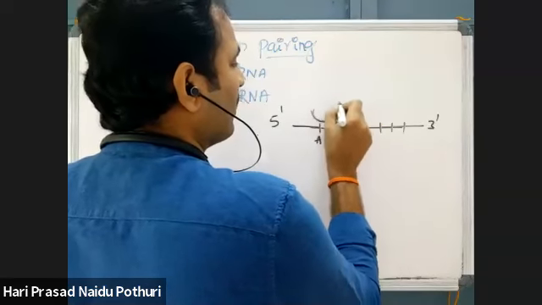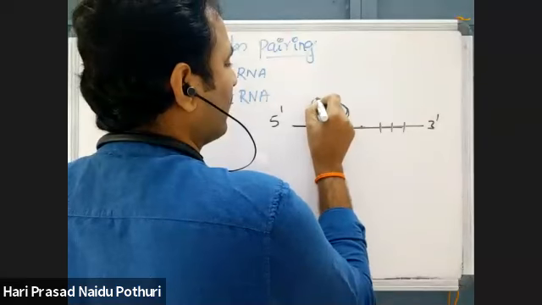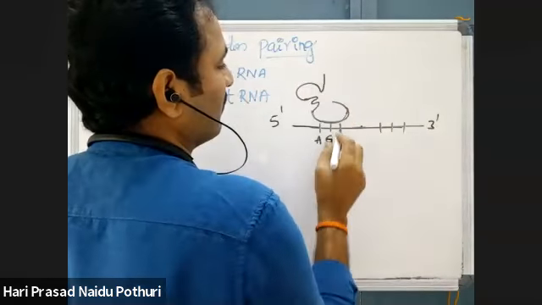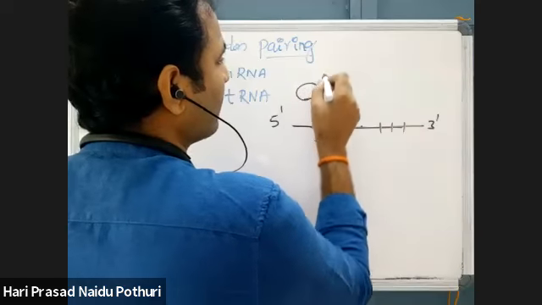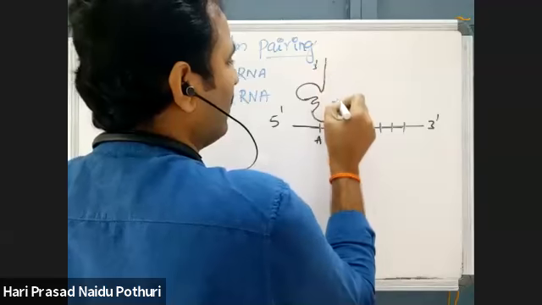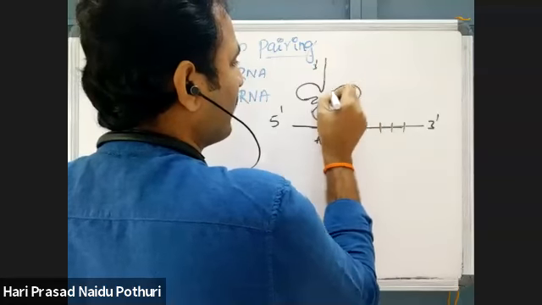The cloverleaf model is there, no? That cloverleaf model we are roughly writing. Variable arm, T-psi-C arm, this is the 3' end and this is the 5' end.